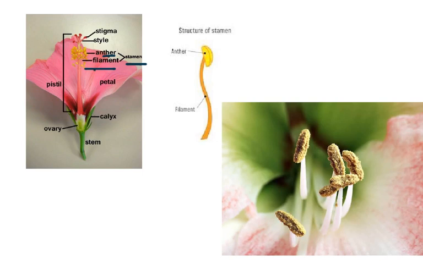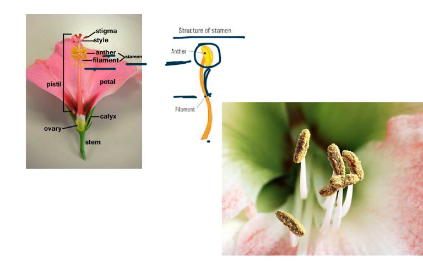So, if you see here the structure of stamen, you can easily identify which one is filament and which one is anther. So, this is the stalk. This stalk is called filament and this is the lobe. And this lobe is called anther.